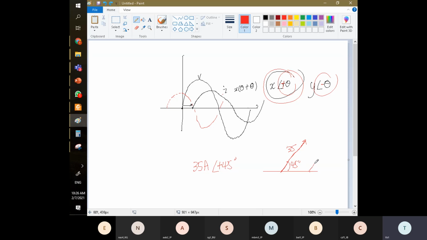When the line is longer, it designates a higher magnitude, 50 ampere, but still at 45 degree. So you can express this as 50 at 45 degree. When the angle is going negative, going clockwise, this 45 degrees is negative. Let's say the length here is 30 ampere. So it's 30 ampere at minus 45 degree.